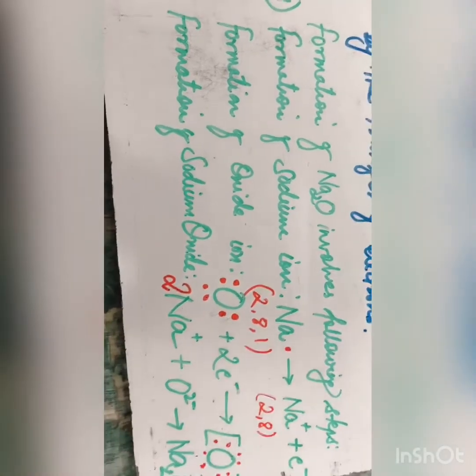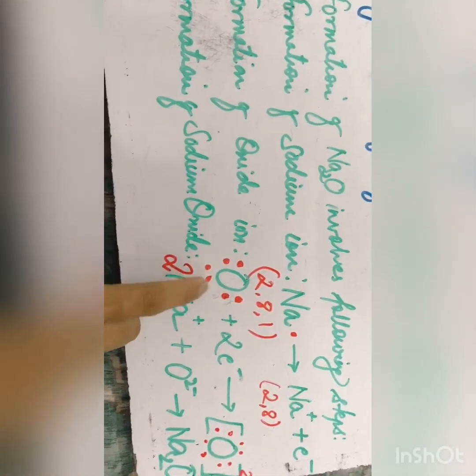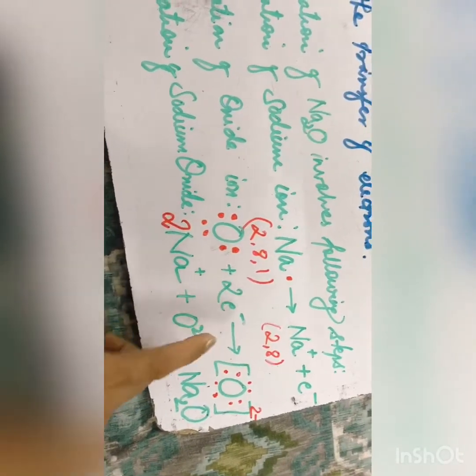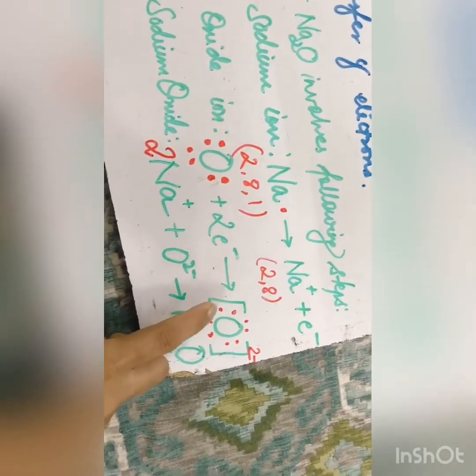Now the same I have done with the formation of the oxide ion. Here the oxygen atom has 6 valence electrons, and it will gain 2 electrons. What we have achieved is that oxygen has achieved a full octet.